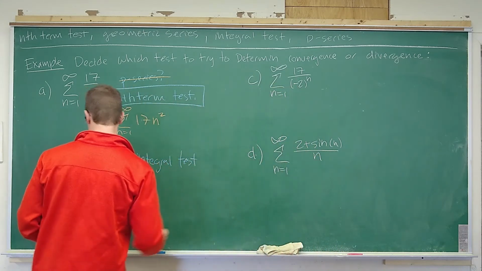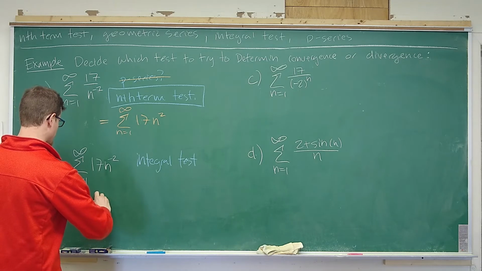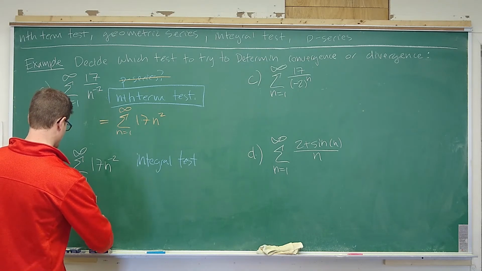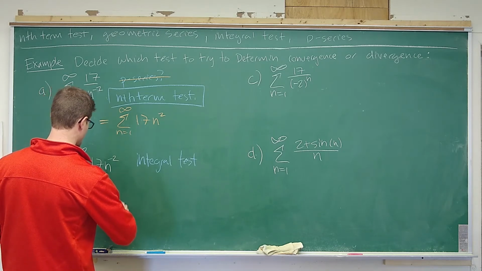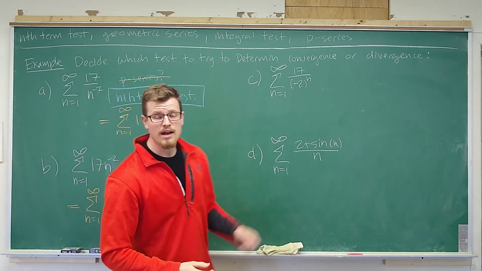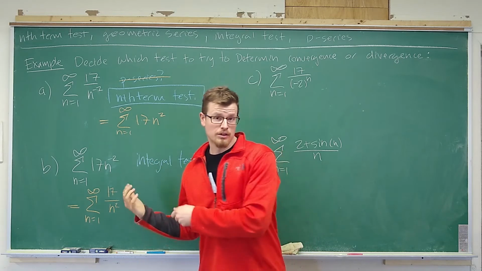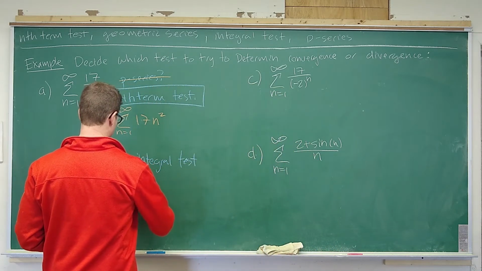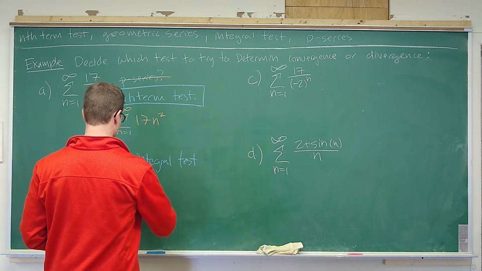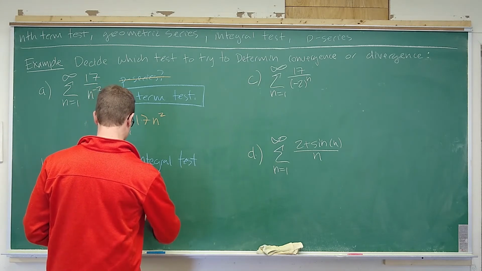But if we first observe that this can be rewritten, much like the last problem, as the sum from n equals 1 to infinity of 17 over n squared, now we do have something that is looking like a p-series. So we can actually observe this as a p-series.